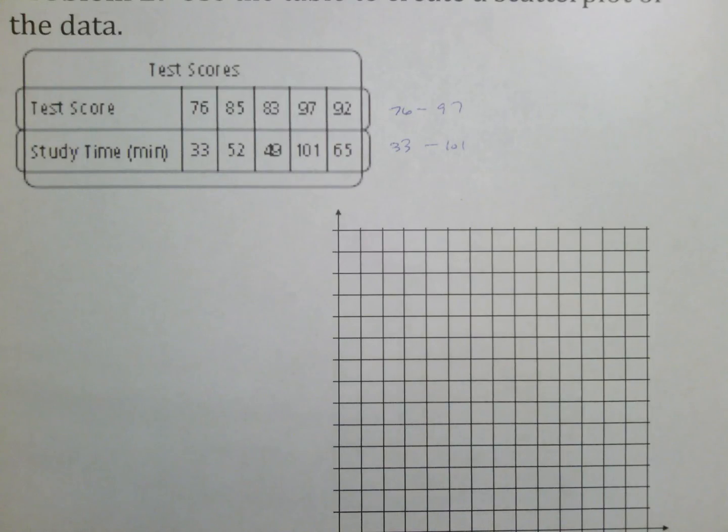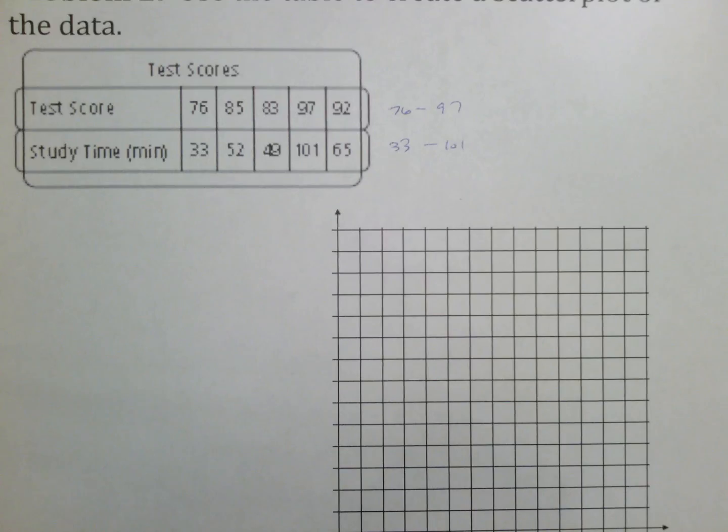So from 76 to 97, I could probably go 75, 76, 77, 78... Nope, can't do that. Maybe I could go by 2s: 70, 72, 74, 76, 78, 80, 82, 84, 86, 88, 90, 92, 94, 96.